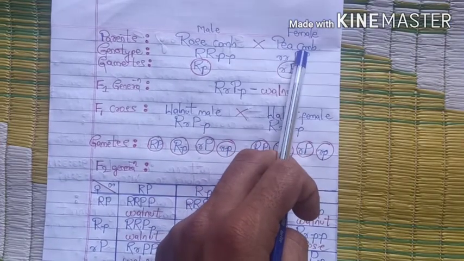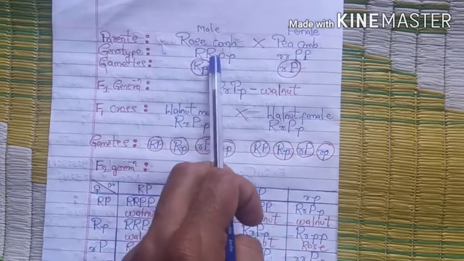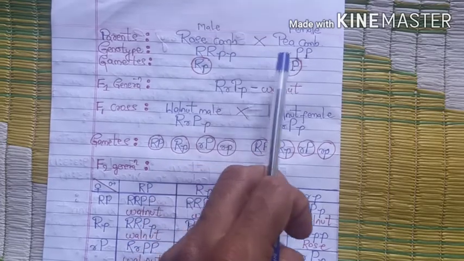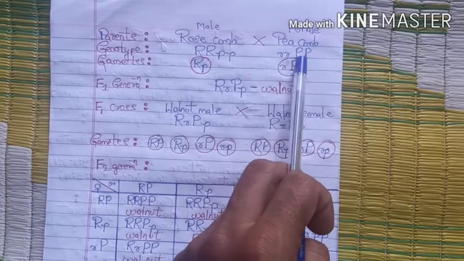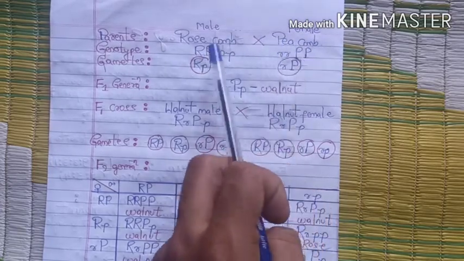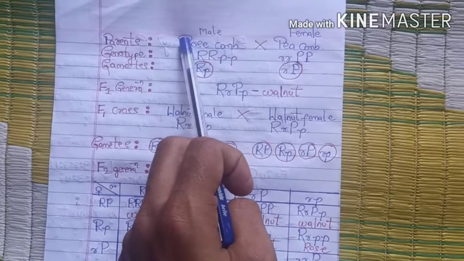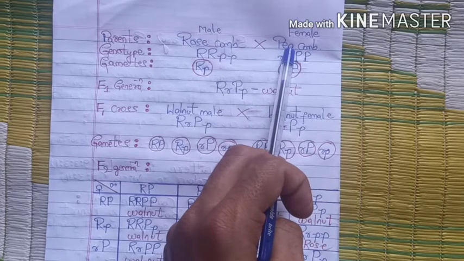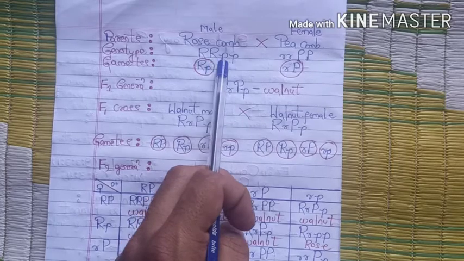The rose-shaped comb parent has the genotype capital R, small p, and the pea comb parent has small r, capital P, because these 2 genes are independent, and capital R produces the rose comb, whereas capital P produces the pea comb. Now if you look at the gametes, you can see that both are in homozygous condition.